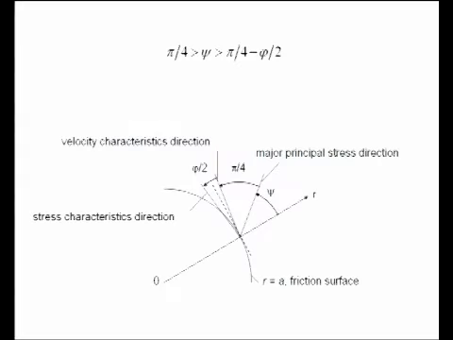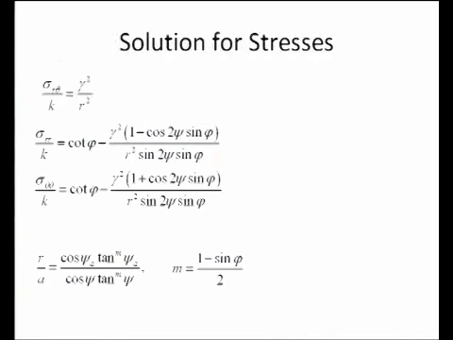It can rotate and coincide with this line, but this line cannot be tangent to the surface if this condition is satisfied. And finally, if psi is between these two values, then the tangent to the friction surface is between two characteristic directions, and both cases are possible. So this is the difference in the structure of characteristic directions in the vicinity of the friction surface.